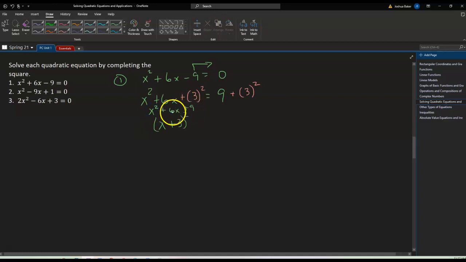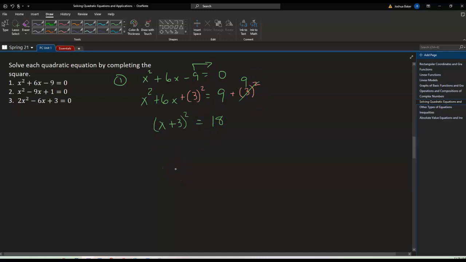So what are the factors of 9 that add up to get me a 6? A 3 and a 3, which means that it's x plus 3 squared, because you have two of the same term. Now over here, this is a 9, and so 9 plus 9 is now 18.